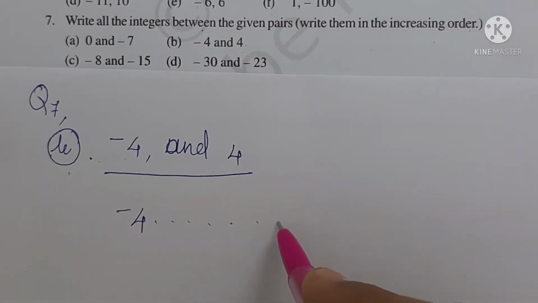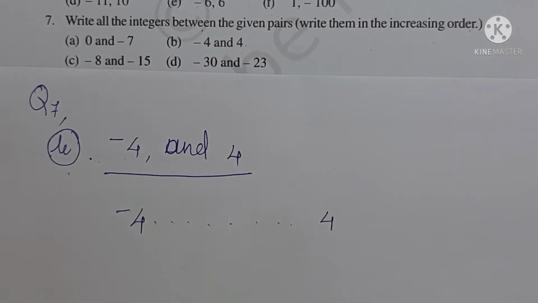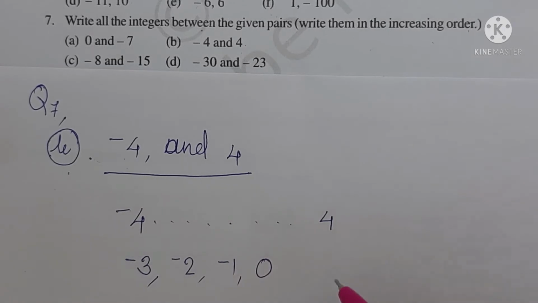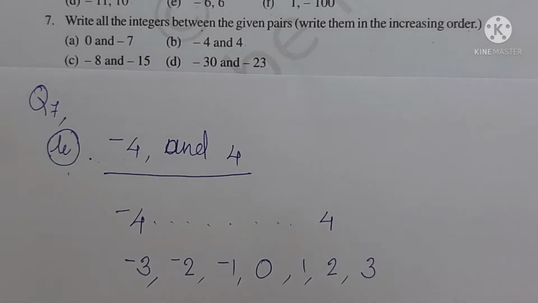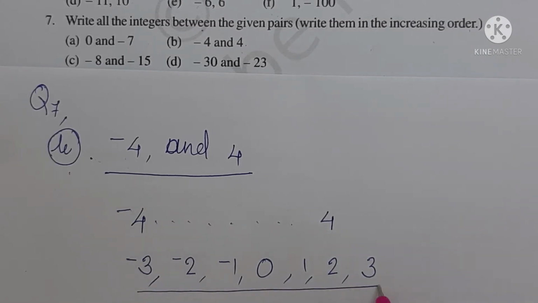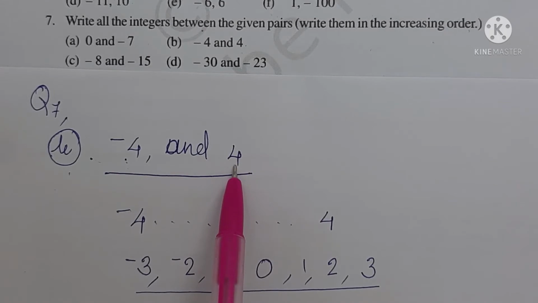Find the integers between minus 4 and 4. The answer will be minus 3, minus 2, minus 1, 0, 1, 2, 3. These are the between numbers in between minus 4 and 4.